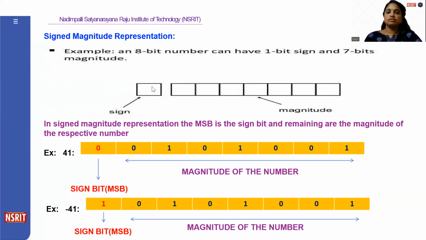Here we are considering an 8-bit number. What is the MSB of an 8-bit number? D7 is the MSB: D0, D1, D2, D3, D4, D5, D6, D7. So the sign bit is always the MSB of this number, and the remaining bits are the magnitude. This is the signed magnitude representation.